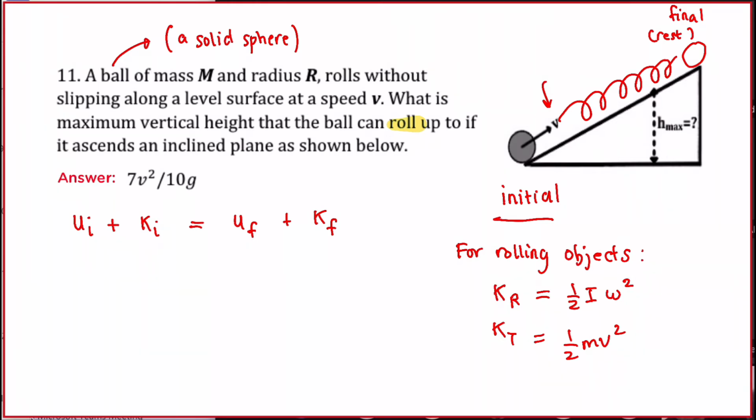So I'm going to expand my equation: U initial plus K translational initial plus K rotational initial is equal to U final plus K translational final plus K rotational final.